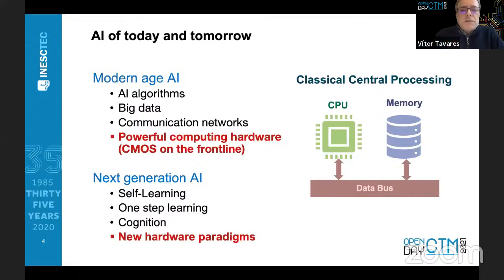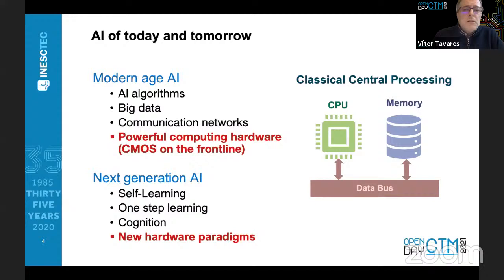And this doesn't comply much with what is needed at the edge, because at the edge, as was mentioned before, we have limited resources. But I would like to emphasize also that modern age AI wouldn't be much if we didn't have powerful computing hardware available for that. And CMOS is on the front line in this respect.